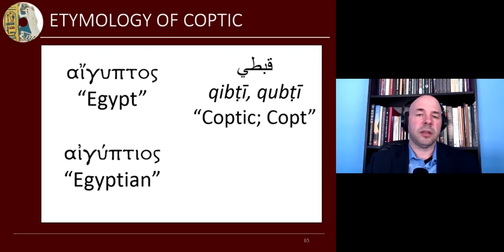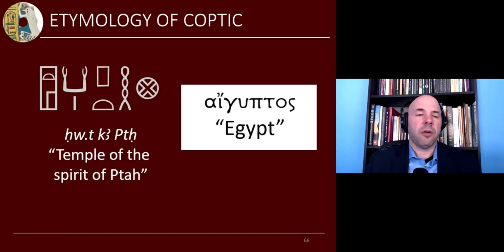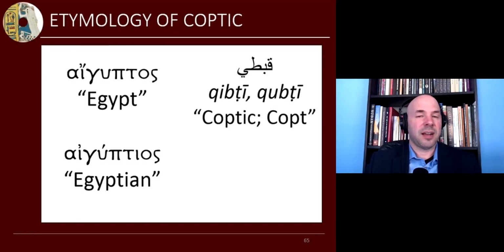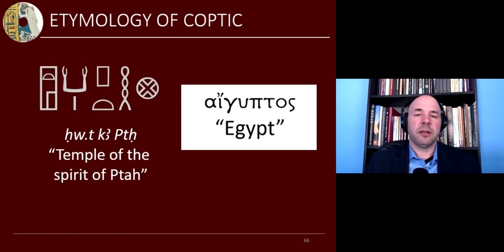So when you're looking at the Greek word Egyptos, you can see how, again, the consonants, so CPT in Coptic or GPT in Egypt, come from the same word. And it's thought that this, like Egyptos, derives from the name of a temple in Memphis, the Hut Ka Ptah, the temple of the spirit of Ptah in the city of Memphis.